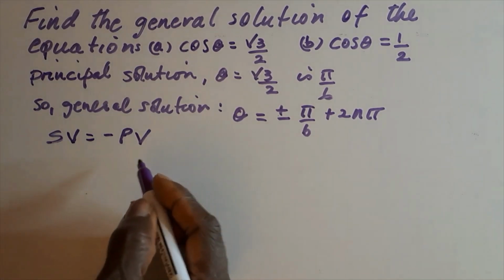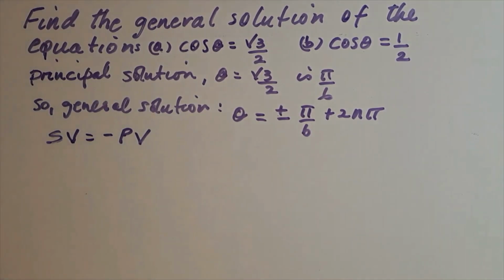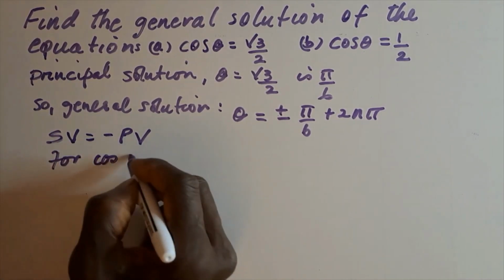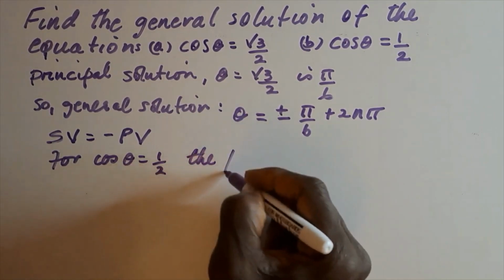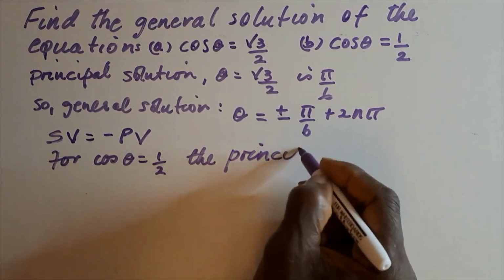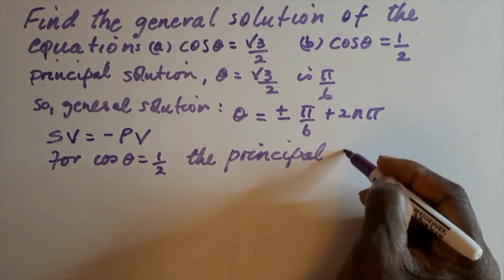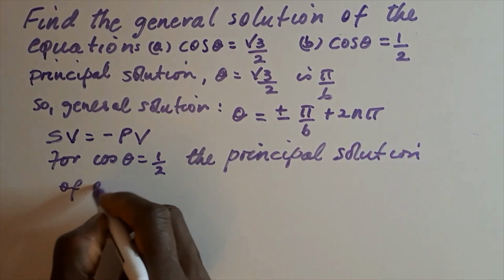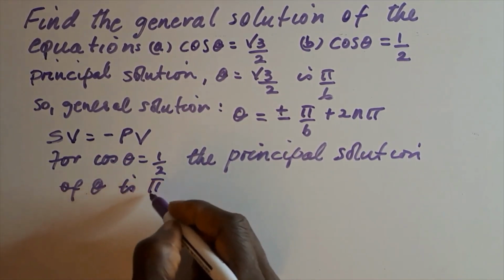Now we have cosine theta equal to a half. For cosine theta equal to a half, we have the principal solution of theta is pi over 3.